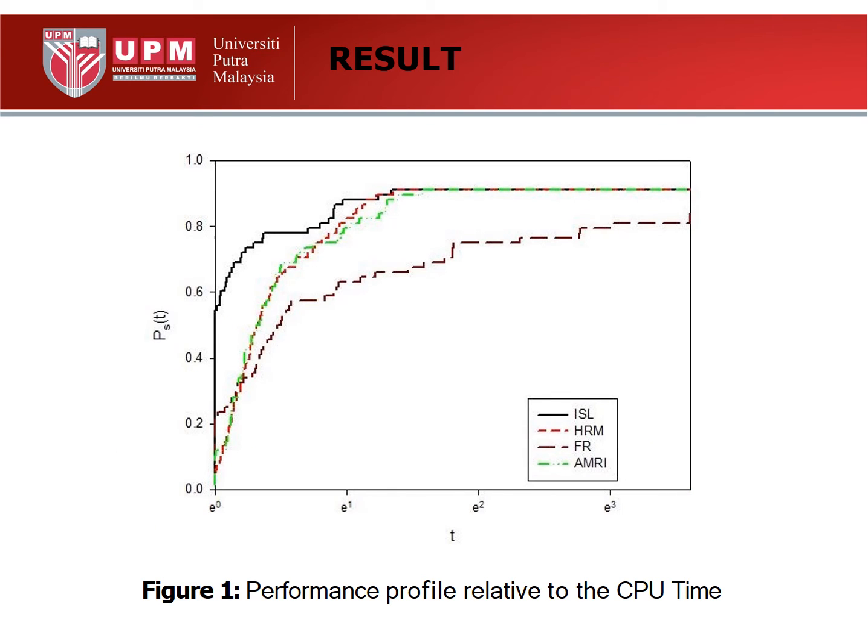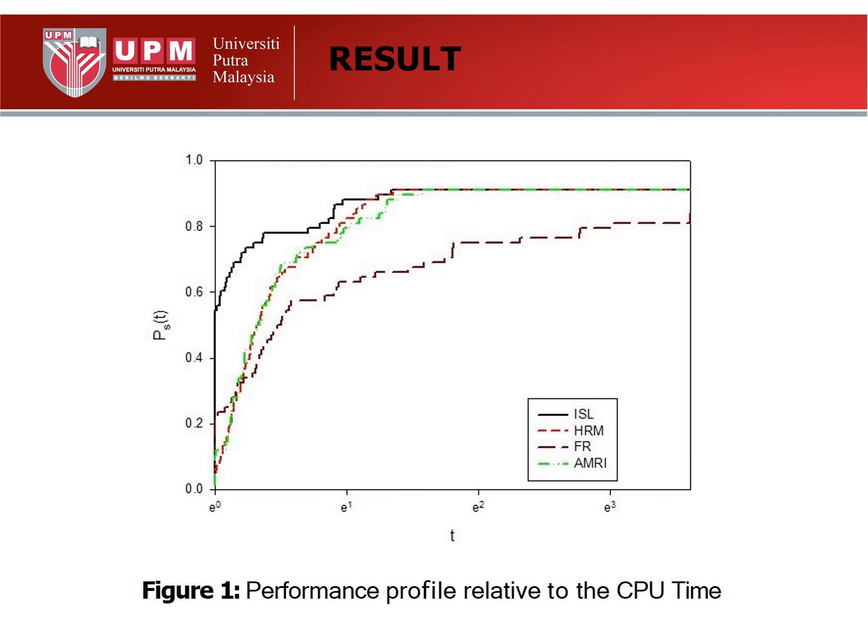Okay, from figure 1, this is the result, which is the performance profile relative to CPU time. If you look at the y-axis, you can see the ISL graph performs better than the other methods. How can you see it?